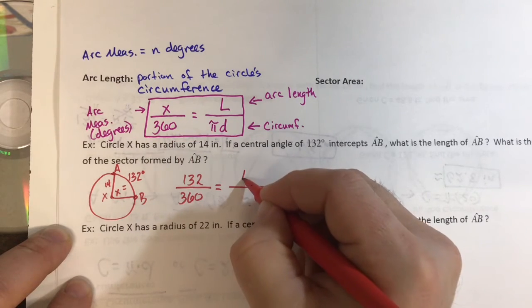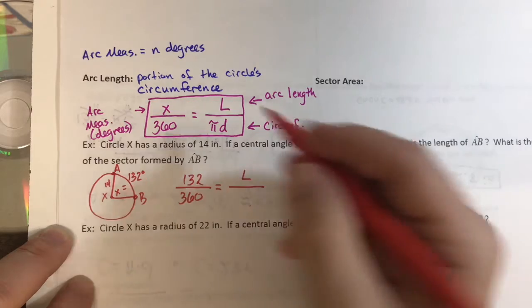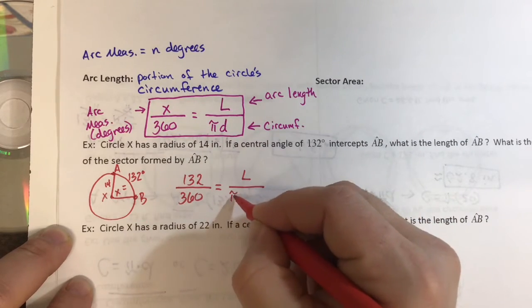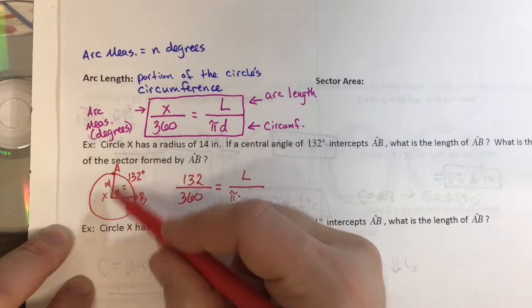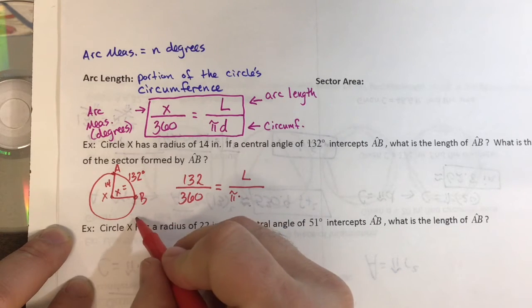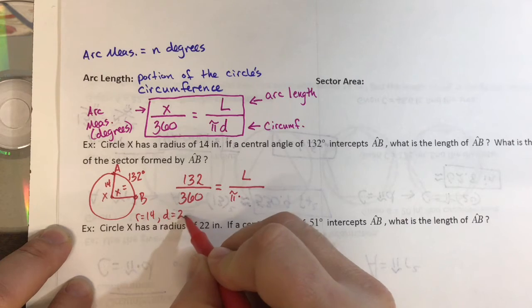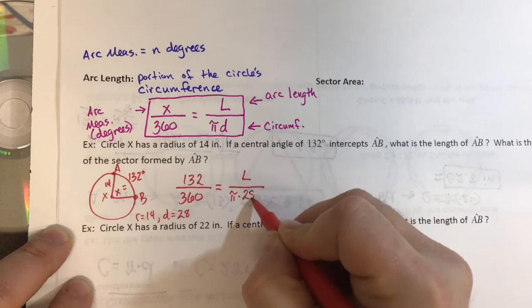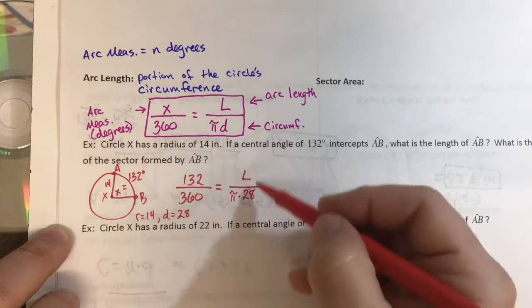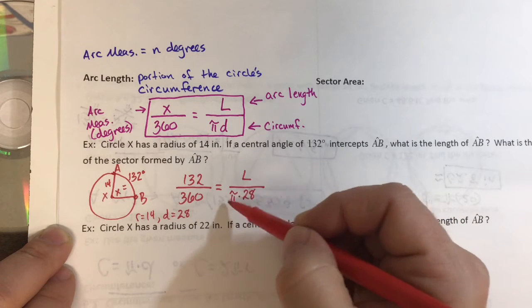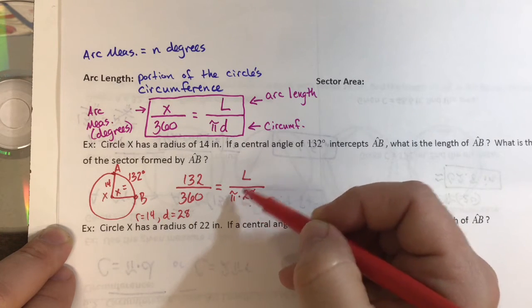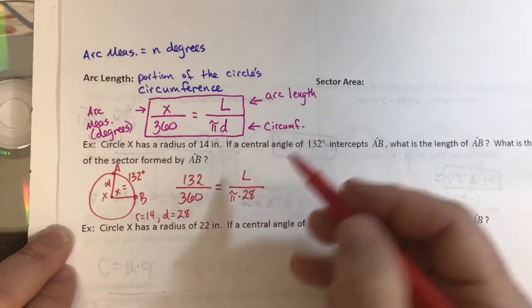That should equal my arc length, which is what I'm solving for, out of pi times diameter. Pi times the diameter of this circle would be twice the radius. So if r is 14, the diameter is 28. Well, since I have a proportion now, there's only one variable left, because pi is a value in the calculator I can use. So the only variable I have is L, so I can cross multiply.